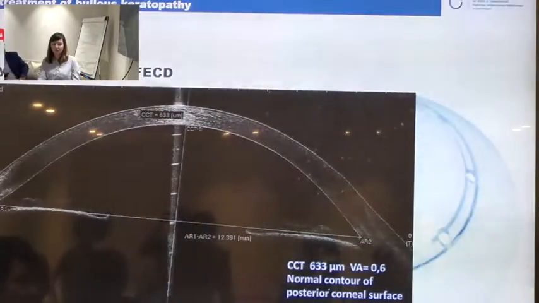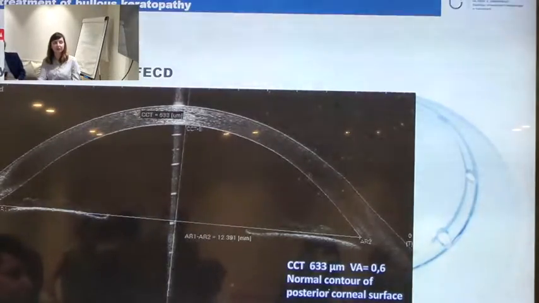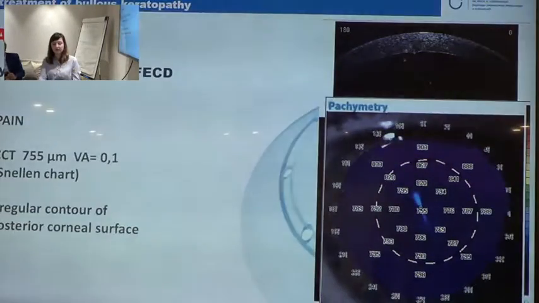So the case number 3, unfortunately, this was less effective. The beginning corneal thickness was 633 micrometers, and after 7 days, she reported with pain and drop in visual acuity, 0.1 in Snellen's chart, and an increase in corneal thickness.